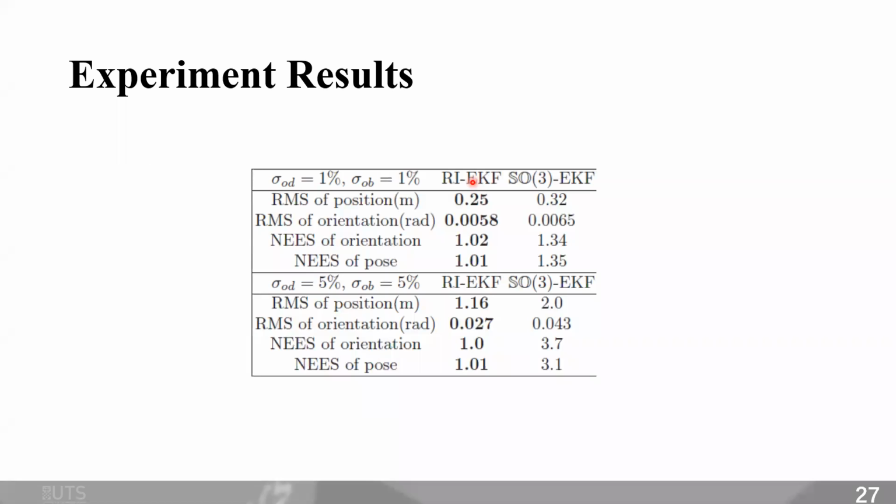Okay, we have time. So now we know that RI-EKF performs better than Std-EKF in the point feature-based setting. Because RI-EKF is invariant to stochastic rigid body transformation, it naturally maintains the observability constraints, compared to Std-EKF.